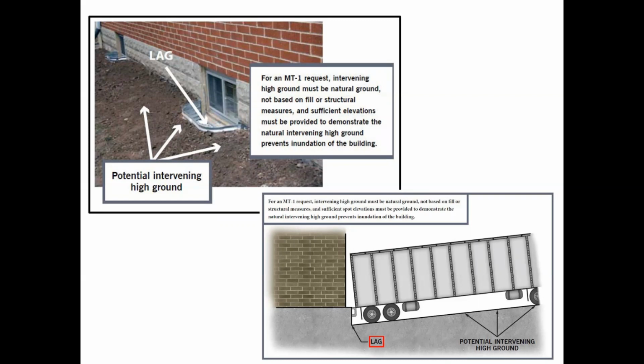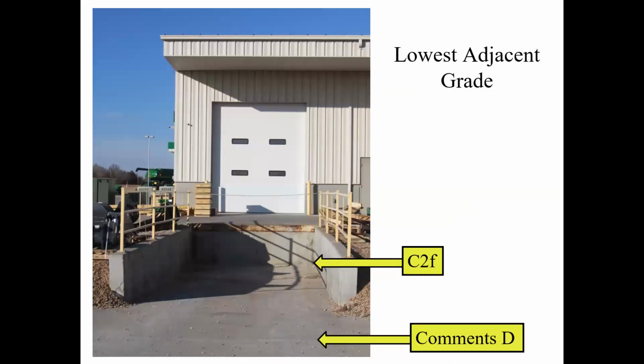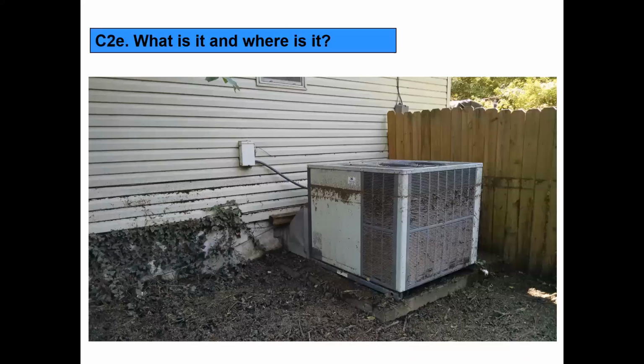And again, we still have potential intervening higher ground that could be helpful with a LOMA. So here's a picture of that, with the loading bay doors and the raised slab on grade, and then the lowest adjacent grade would be down there at the bottom of the slab. And then in comments, you have this intervening higher ground. So there's your real life case example.